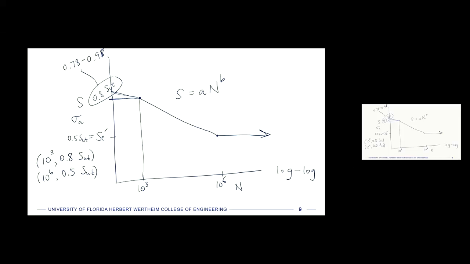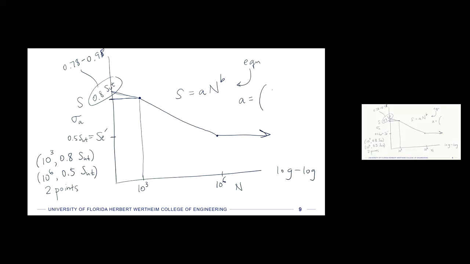So if we have 2 points on our line, and 1 equation describing that line, right? And we can take the log of both sides and things. We can solve for these constants.